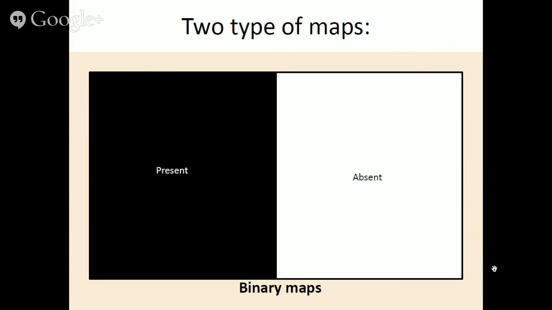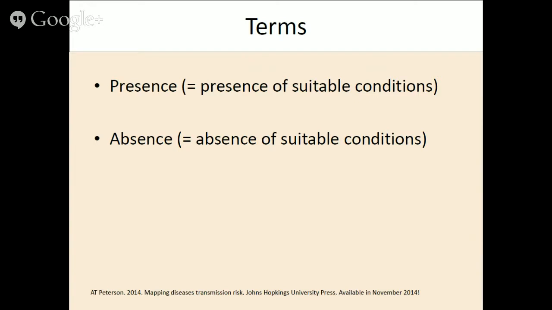But on the other hand, we have binary maps. So we have only two values, present or absent, or zeros and ones. And the terms are that presence represents the presence of suitable conditions, while absence represents the absence of suitable conditions in the area.